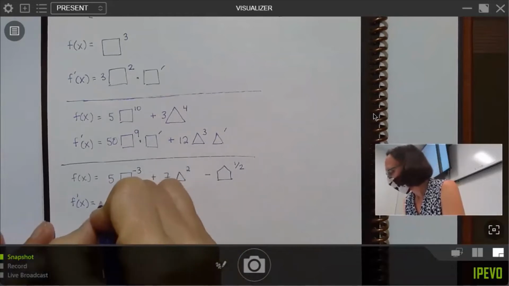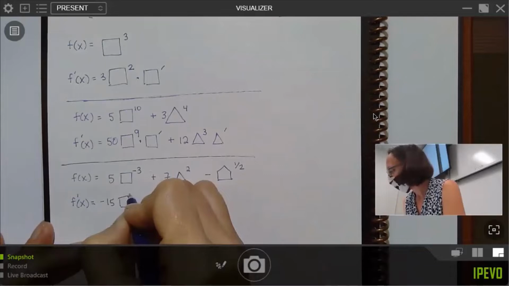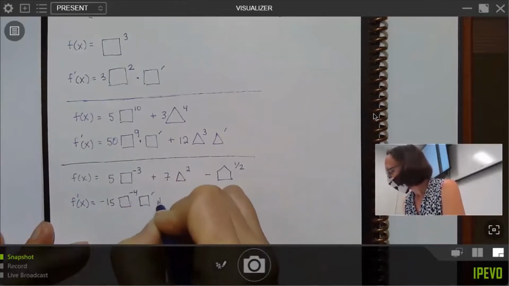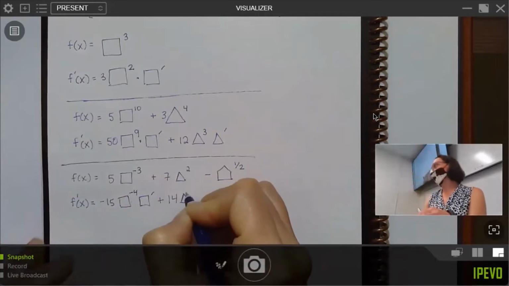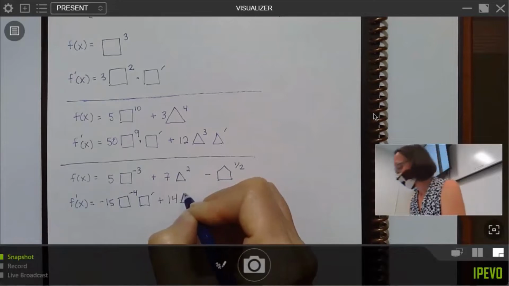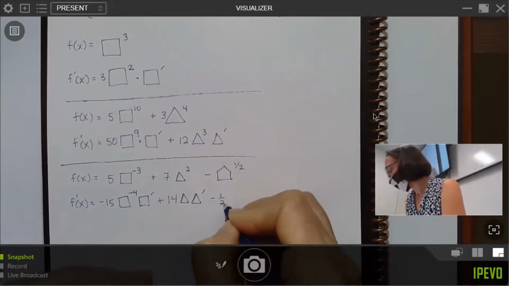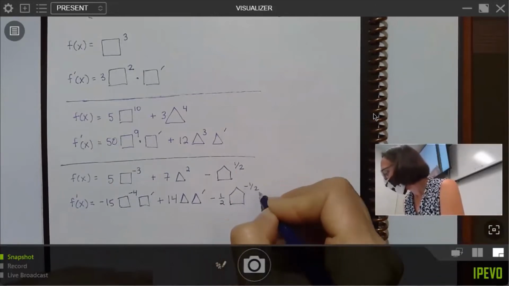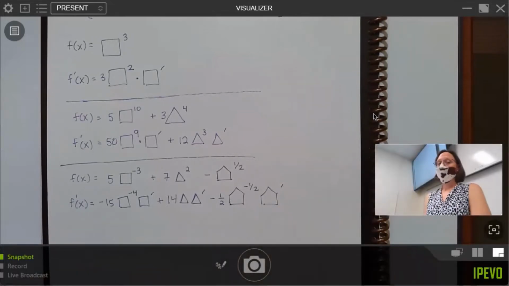I'm going to end up with negative 15 box to the, times the prime of the box, plus 2 times 7. That's 14 triangle to the 1st power, but that's going to look too much like a prime, so I'm not going to write it. Times the prime of the triangle, minus 1/2 pentagon to the negative 1/2 times the prime of the pentagon. Sweet. You all know how to do implicit differentiation now.